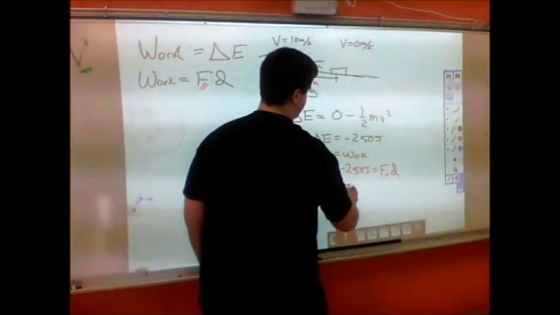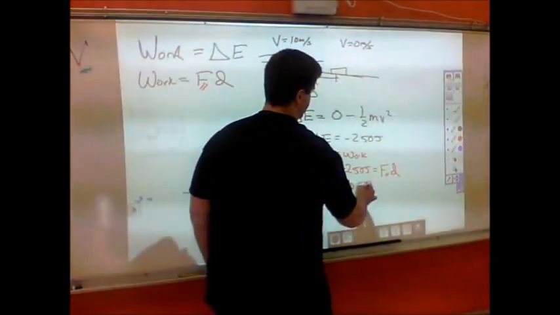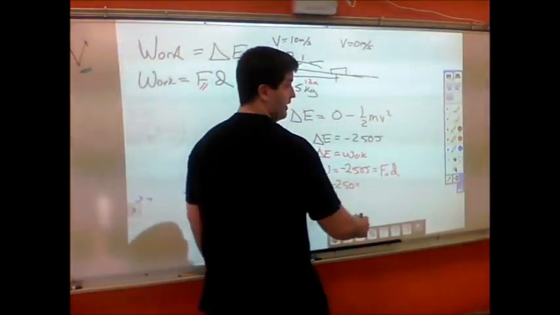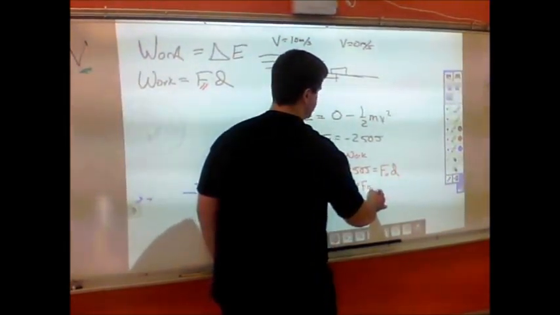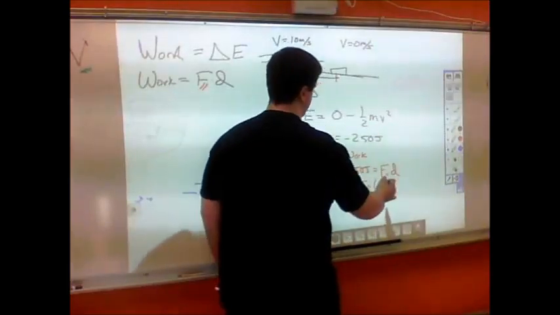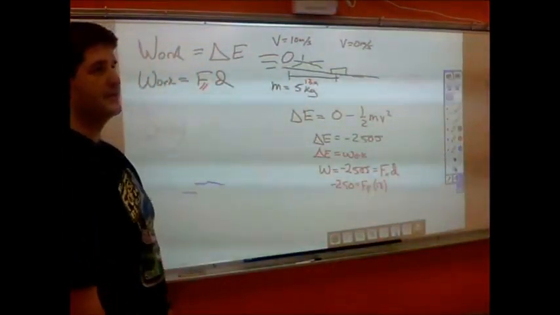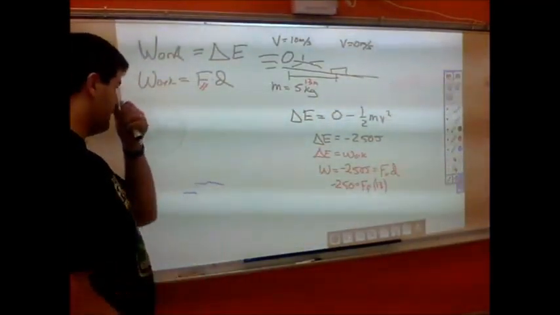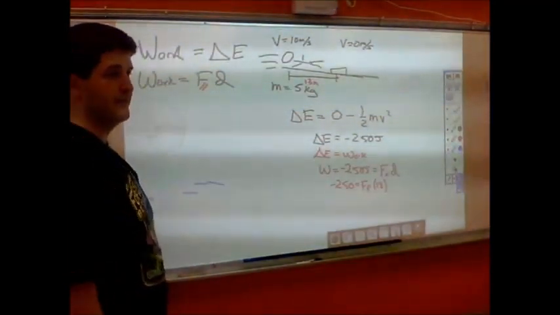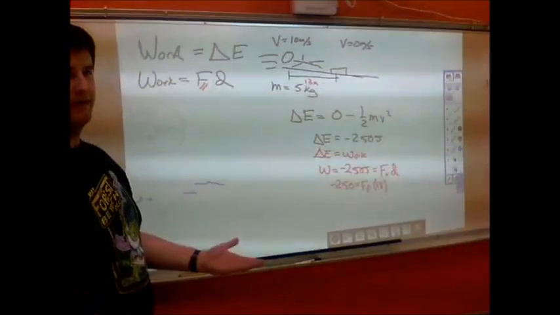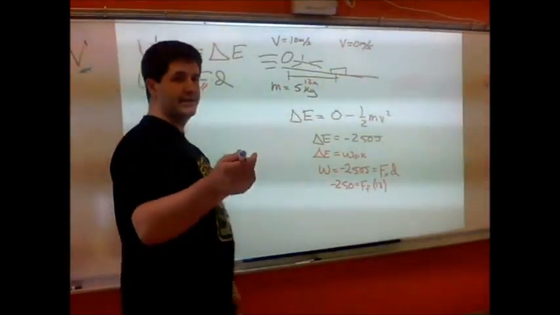So we get negative 250 equals force parallel, which in this case is the force of friction, times the distance, which is 13. So the force of friction is 250 divided by 13, which comes out to be what? Can you find the answer? 19?